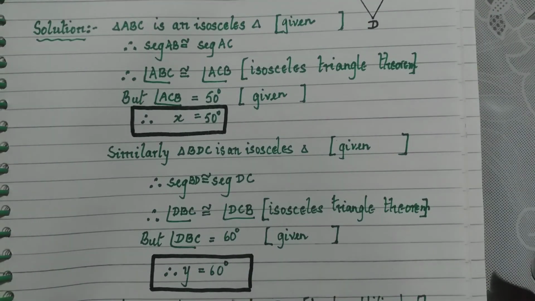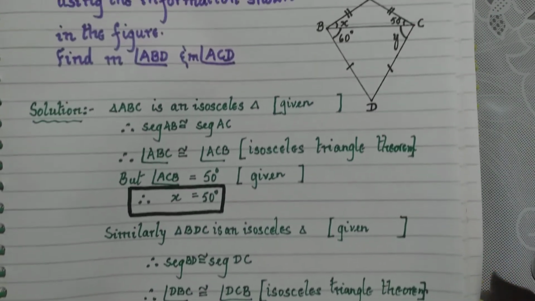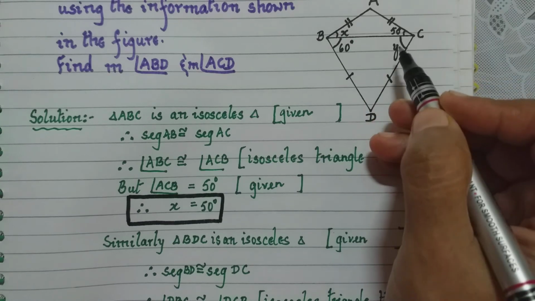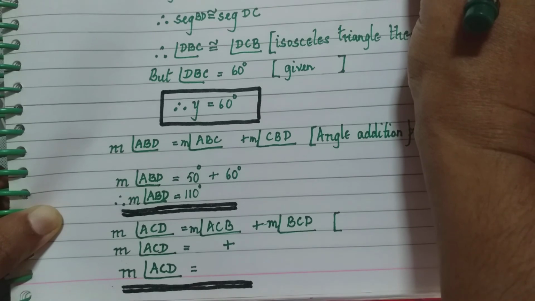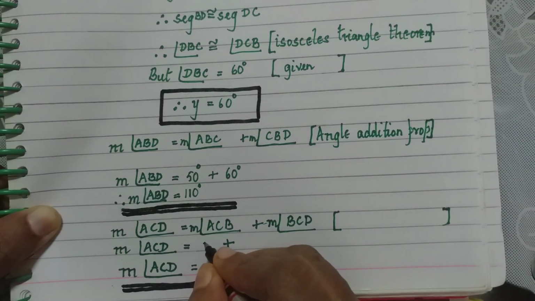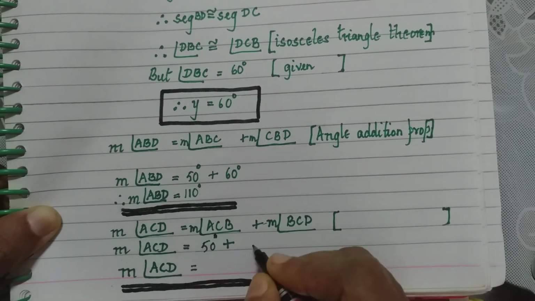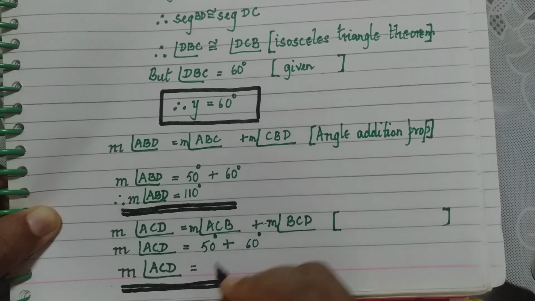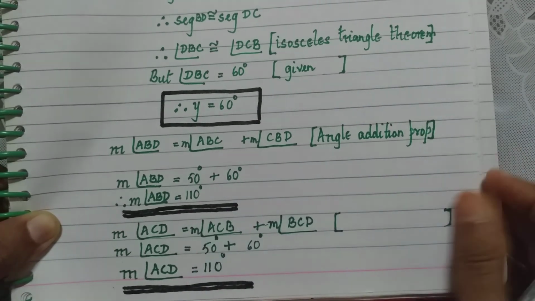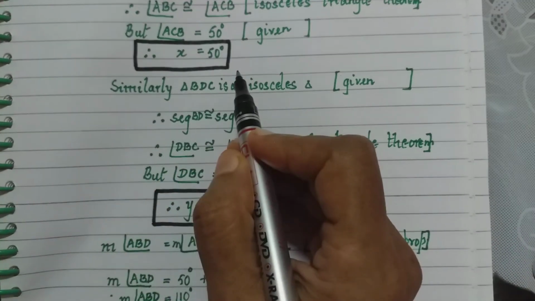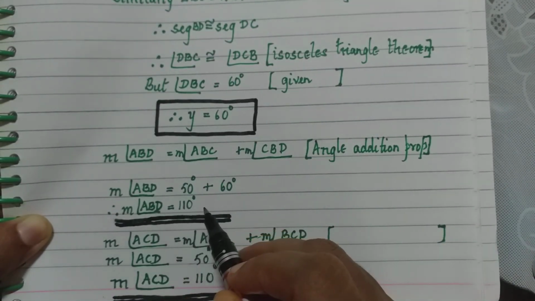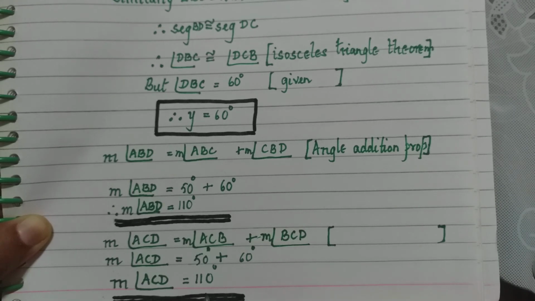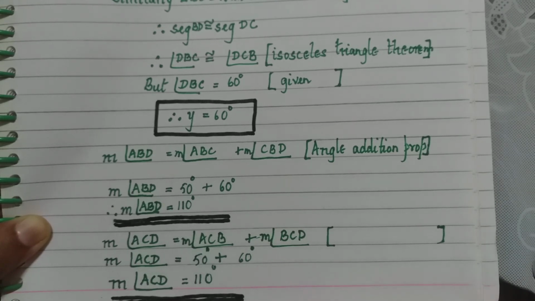And what is y? It is 60 degrees. So here 50 degrees plus 60 degrees is equal to 110 degrees. So we have got all the values. X equal to 50 degrees, y equal to 60 degrees, measure of angle ABD is 110 degrees and measure of angle ACD is 110 degrees.